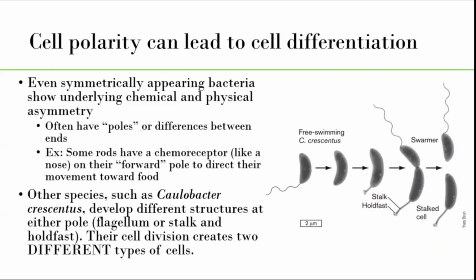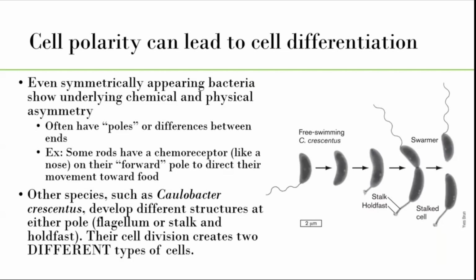So cell polarity just means that often, even though the cell from the outside might look like it's equal everywhere, it might have structures on one end that it doesn't have on the other. The most common of that is called a chemoreceptor. A chemoreceptor is basically like a nose. Our noses and our mouths are chemoreceptors. We're taking in chemicals from our surroundings and smelling and tasting them.